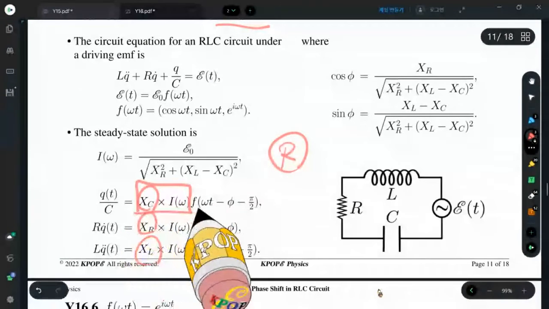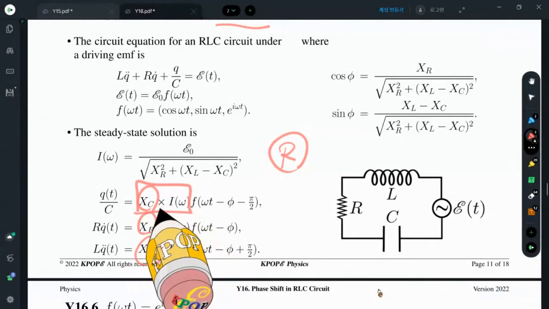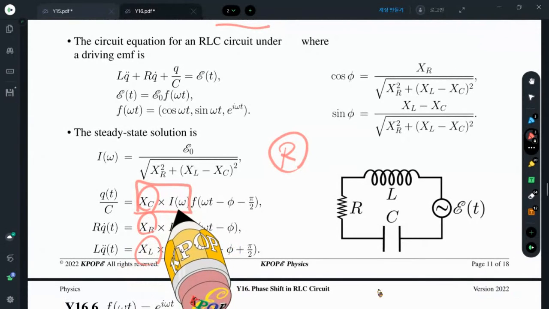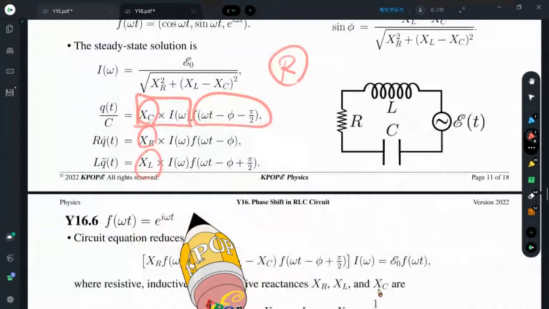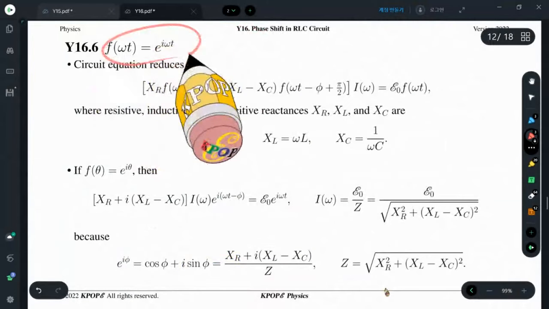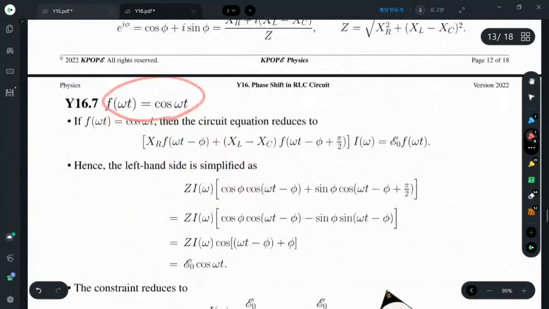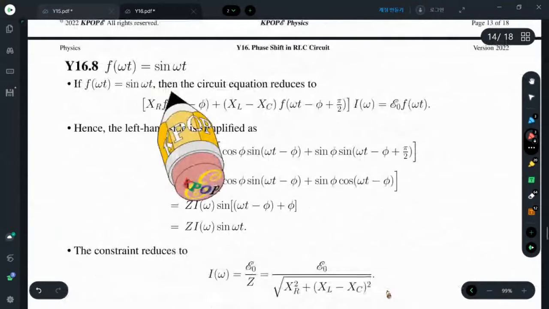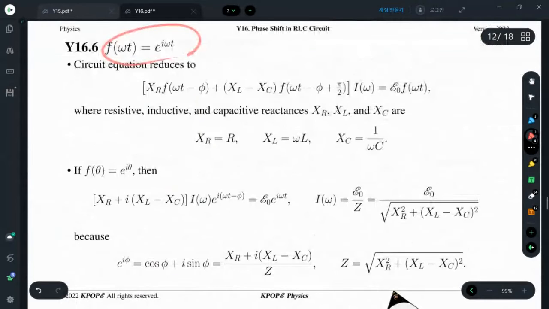Amplitude is completely determined by this reactance multiplied by the amplitude of the current. And this is a sinusoidal effect. Whether you use exponential, cosine, or sine, everything is the same.